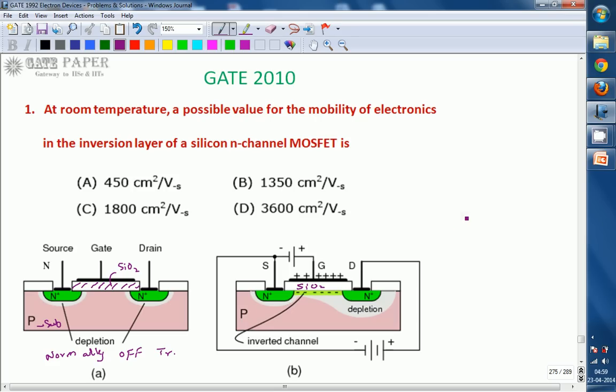Look at the second diagram. In this second diagram, this green color consists of minus signs. A minus sign represents an electron, so an N channel is created. Previously this place consisted of the P-type substrate, now it has been inverted towards N-type charge carriers.